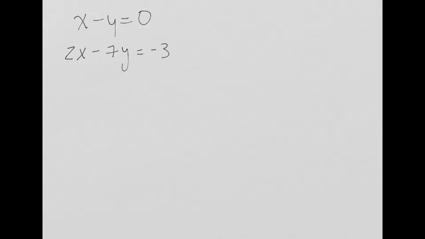So those are my two equations. I have two unknowns, my x and y. So what I'm going to do, take one of these equations, it doesn't matter which one, and solve for one of the variables. Now look at these two equations. Which equation is it going to be easier to solve for one of the variables? Probably this first one, x minus y equals 0.